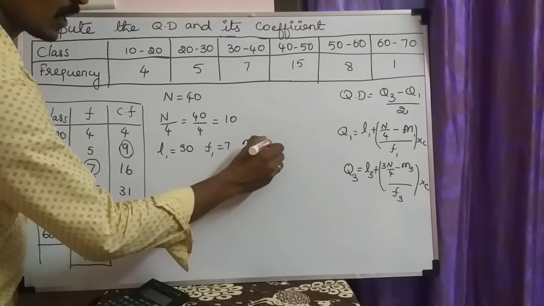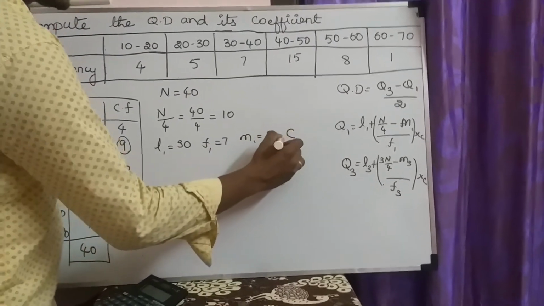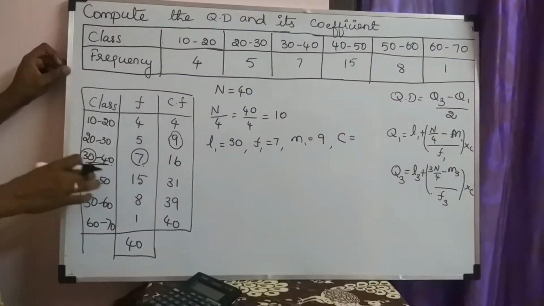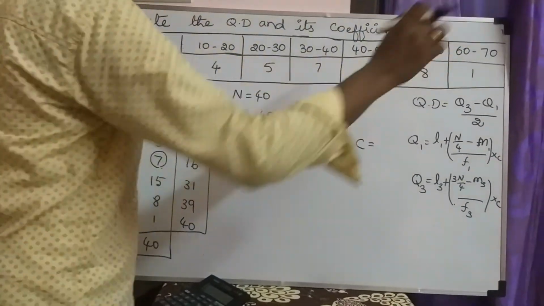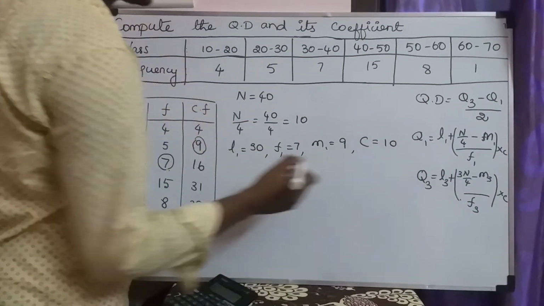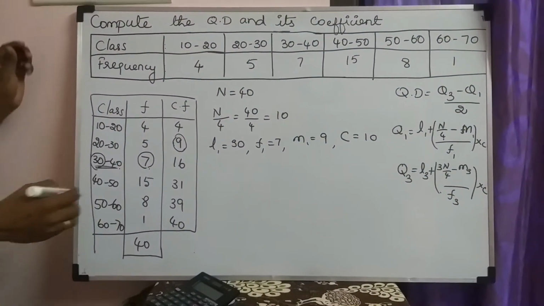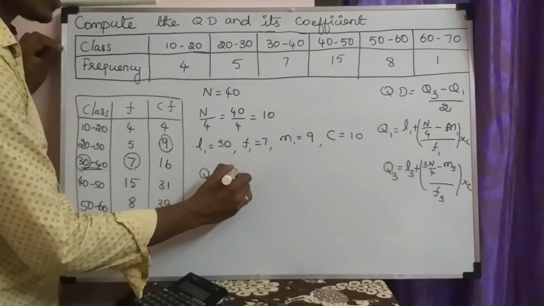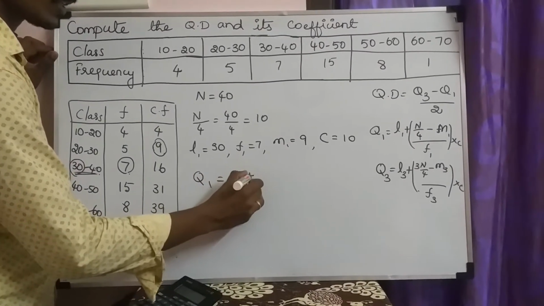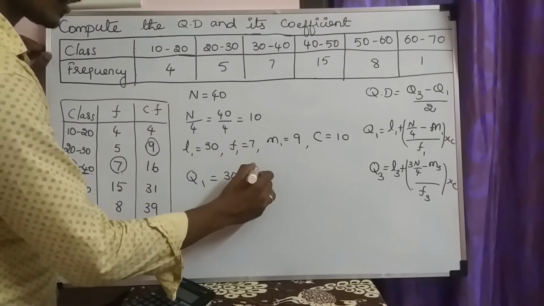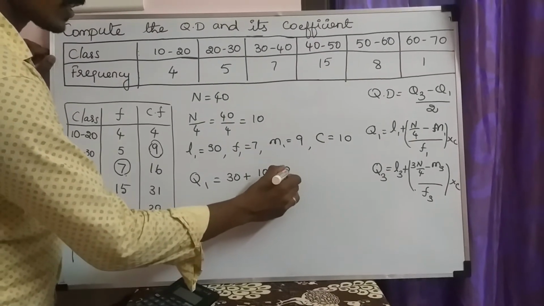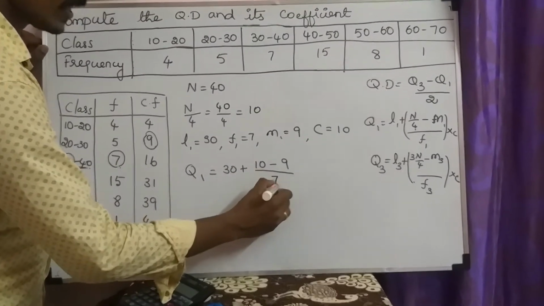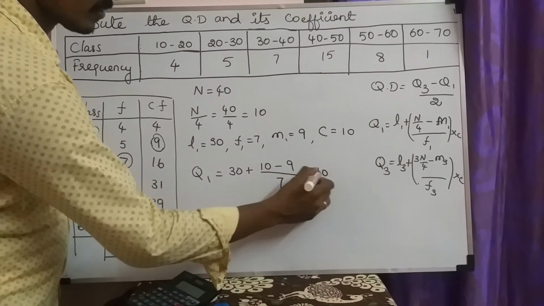So M1 is equal to 9, and C is the size of the class. Each and every class interval is 10, so C is 10. Now Q1 equals L1, which is 30, plus N by 4 is 10 minus M is 9, divided by F1 is 7, into C is 10.